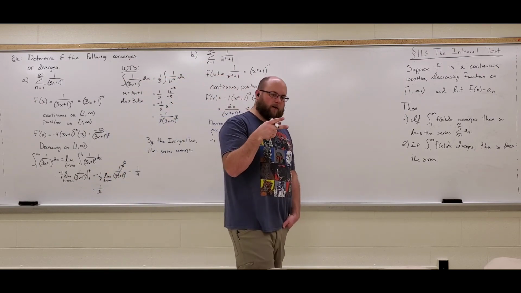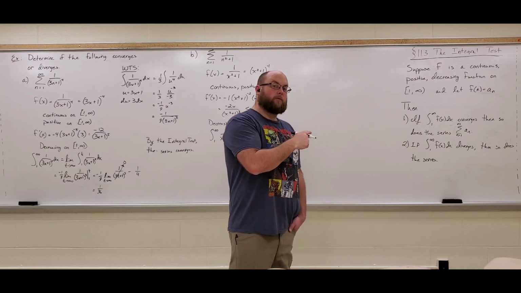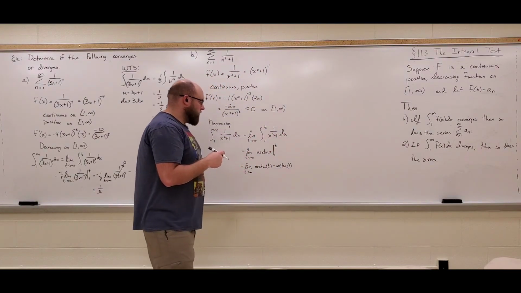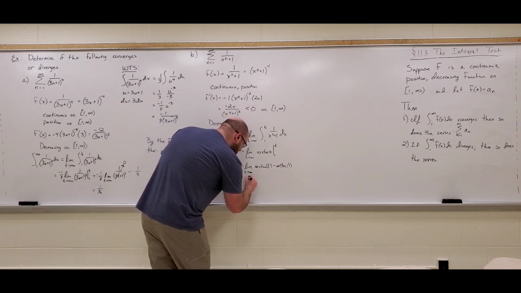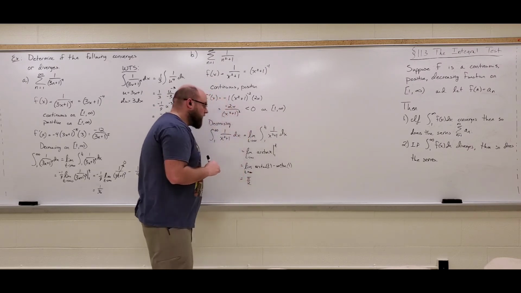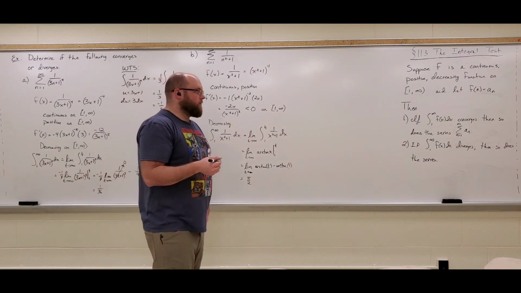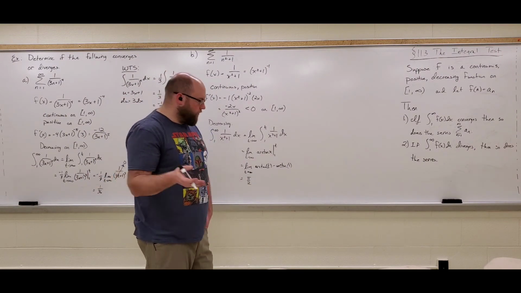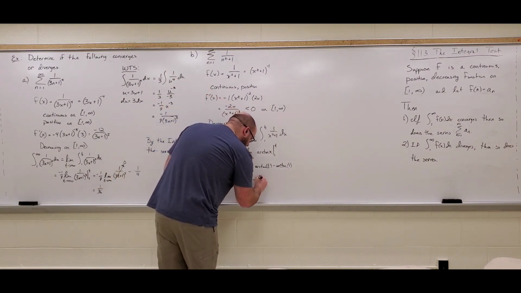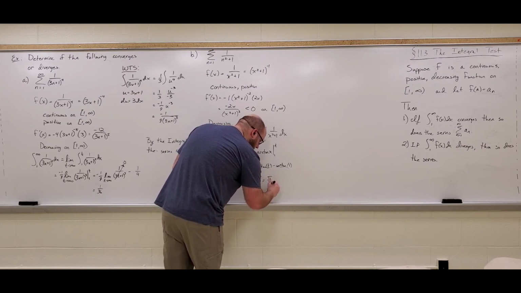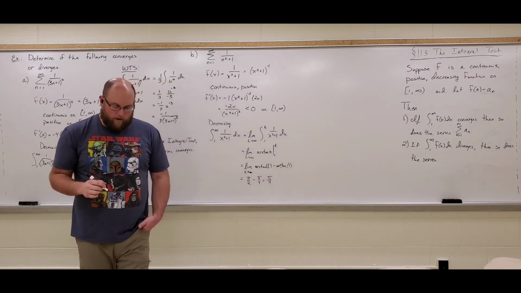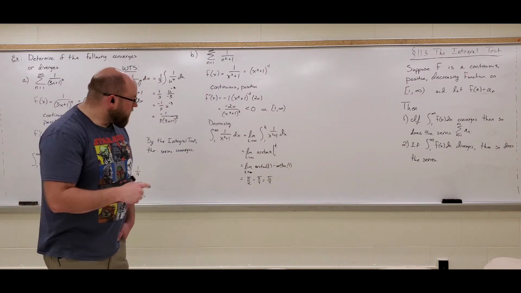Arctangent has two horizontal asymptotes. As we approach positive infinity, arctangent is approaching pi halves. And arctangent of 1, well, that's the same thing as asking, when is tangent equal to 1? And that's at pi fourths. So in the end, we find out that our improper integral is equal to pi fourths, which is convergent.